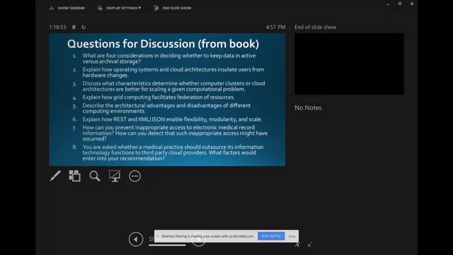Right, so that identifies the user, and then what do you have to have on top of that? Within the electronic medical record, even authorized users are not supposed to access certain records. So you need to have an audit trail if you want to detect the inappropriate access. Right, so an audit trail is a good way to detect that an inappropriate access happened, and then you can go holler at them and take appropriate action.